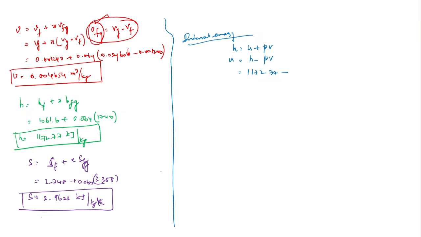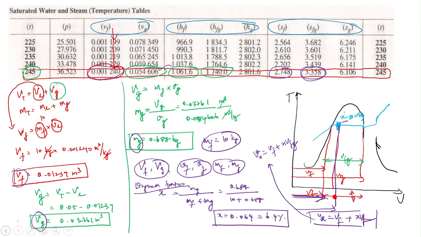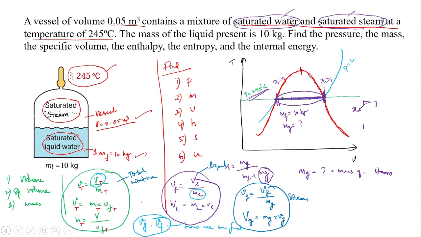So H is equal to 1172.77 minus pressure. The corresponding pressure in this condition is 36.523 bar. So we first found the pressure, which was not required otherwise, but we can use it now.